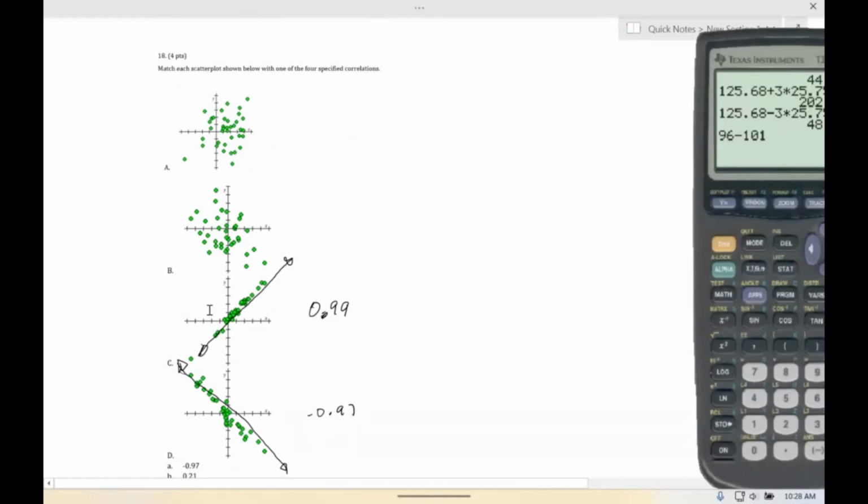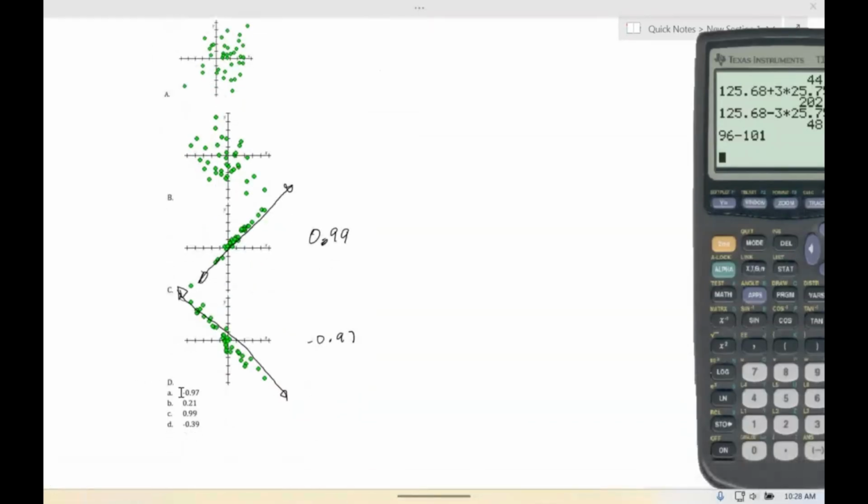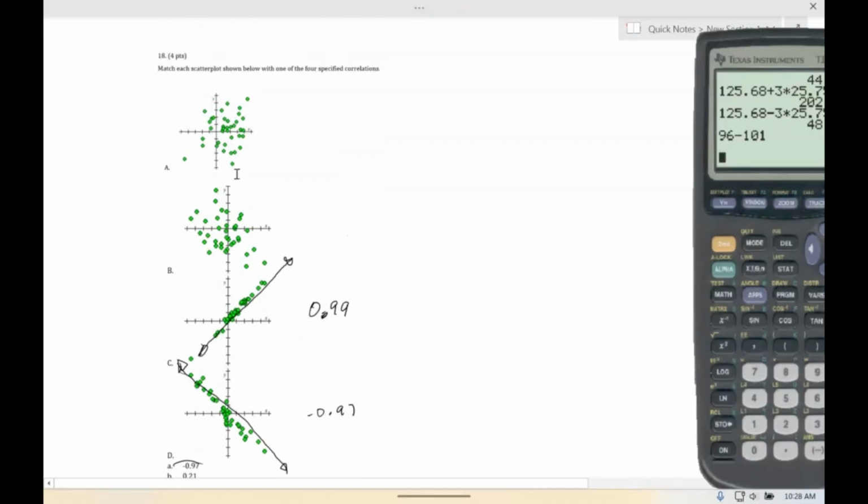And if we look at A and B, notice what's left for our answer choices. We have 0.21 and 0.39.